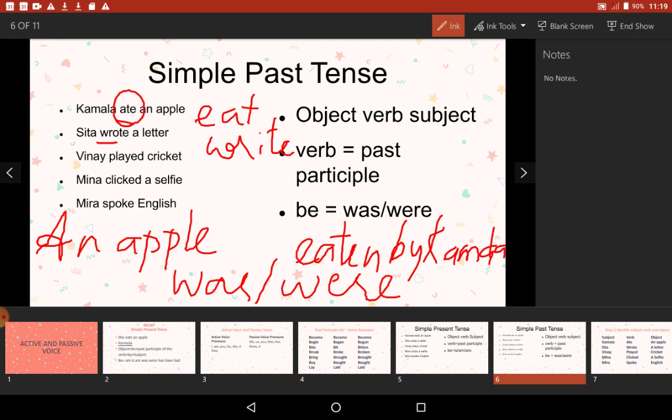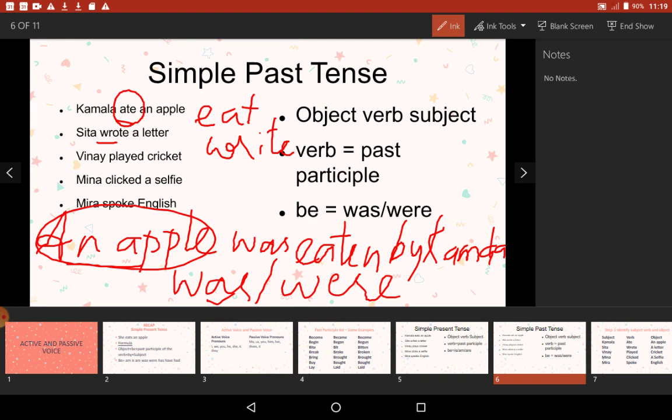If the object is plural, we will use were. So here our object is an apple, which is singular. Therefore, the choice we have to select is was. So, in the passive voice, our sentence will be like this: an apple was eaten by Kamala.